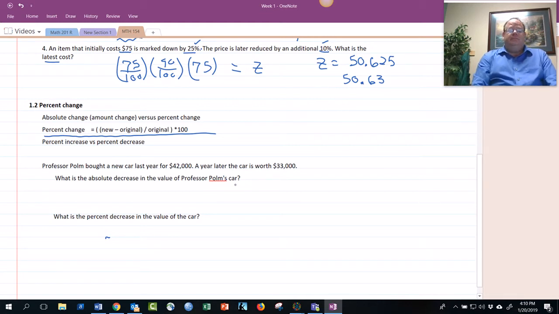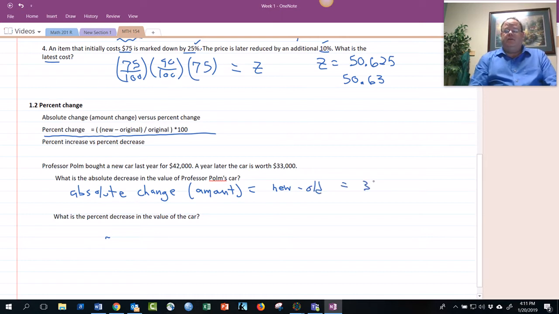Okay, now the absolute change, sometimes just called the amount of change, is simply the new cost or the new amount minus the old. Okay, so in this case, that is 33,000 minus 42,000. Which gives us minus 9,000.